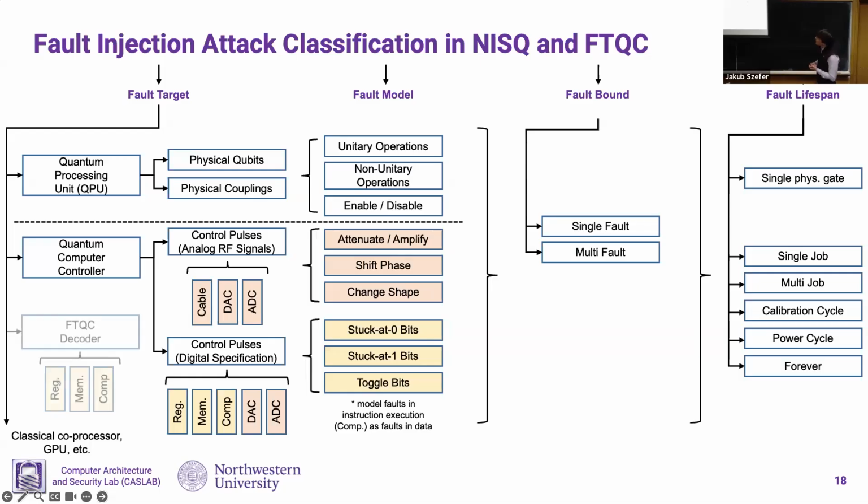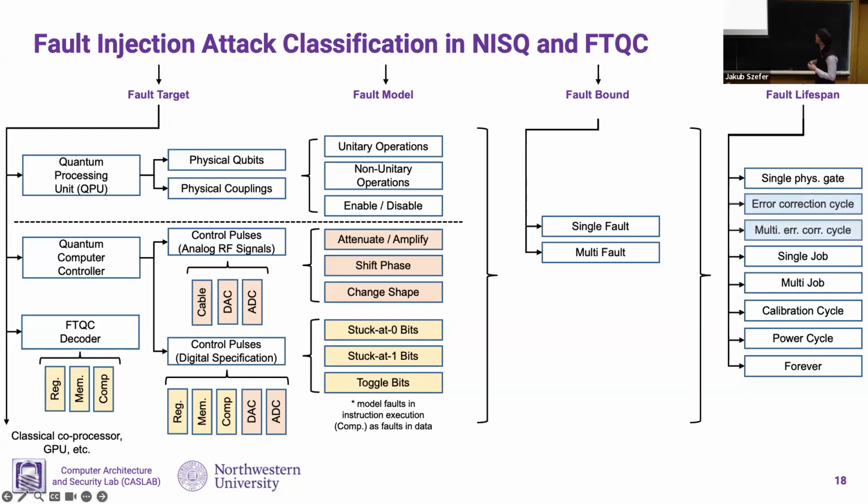And when we add error correction, you add more digital parts to the controller for all the error correction. So there's more computation, more memory that you could fault.